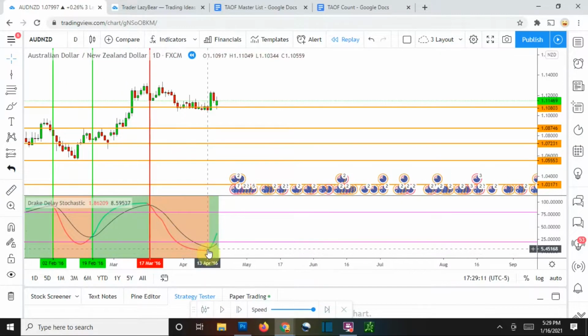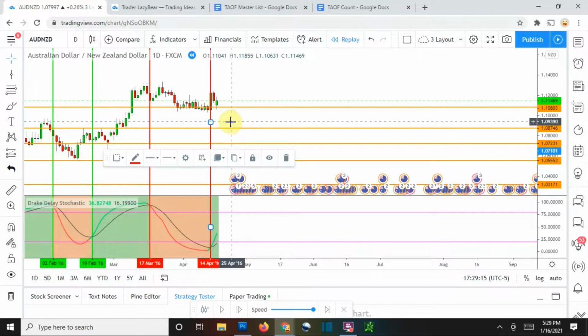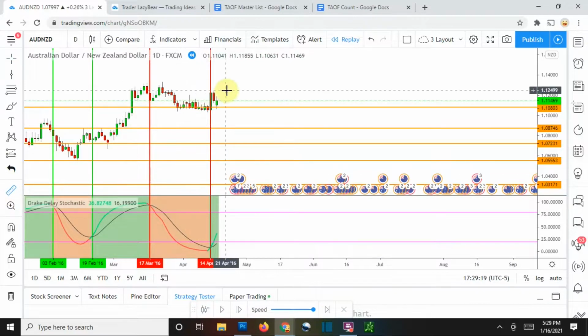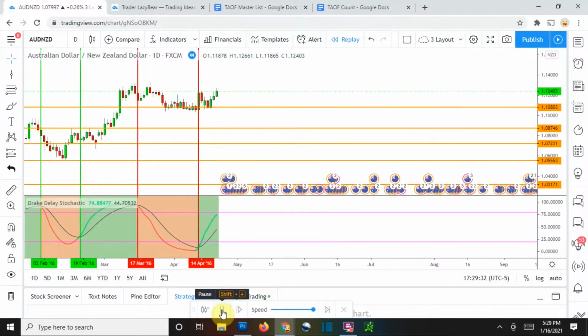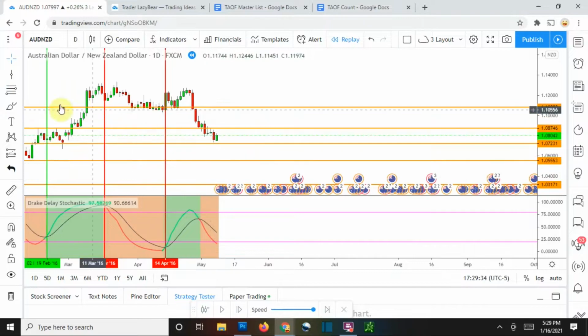Now we're down in the lower territory. We get a signal right here to go long. And once again, unfortunately, almost immediately, we get a bar that drives down red, and we get a gap down, all of which would have stopped us out in that particular trade.